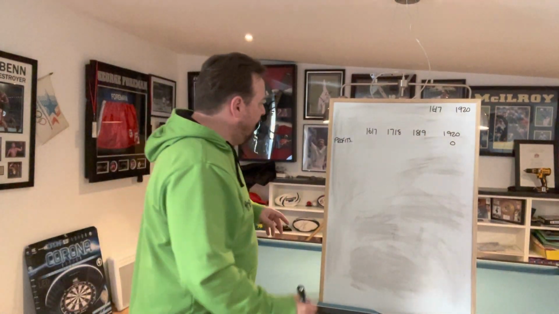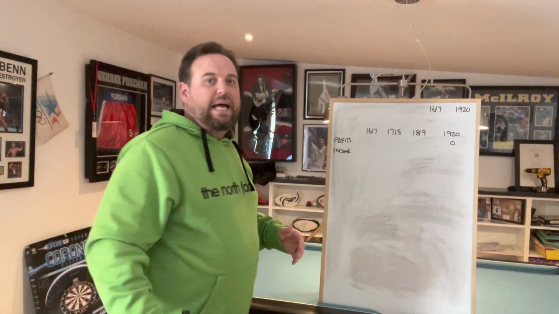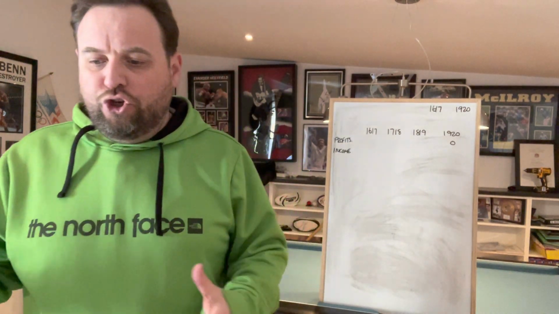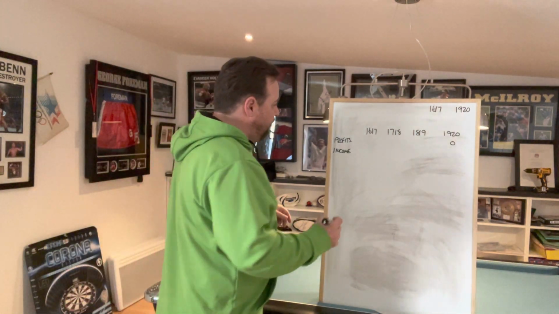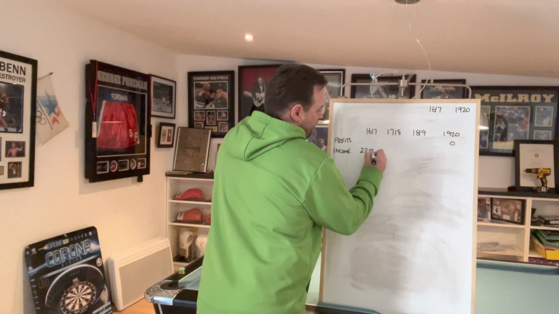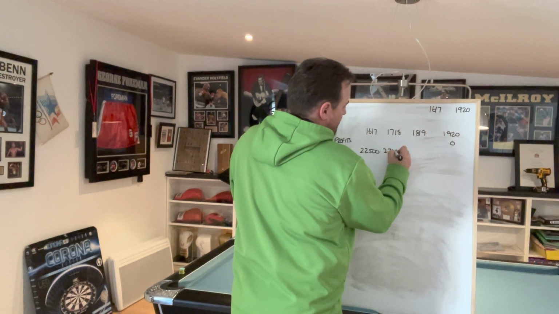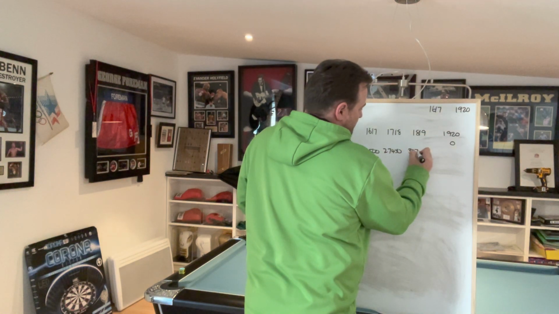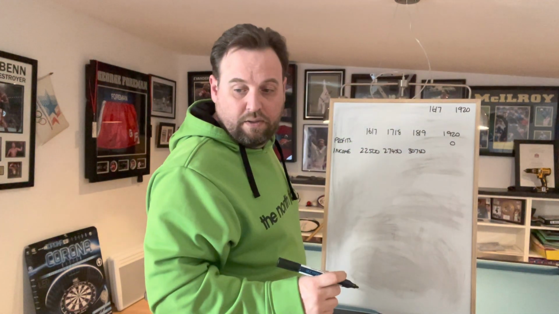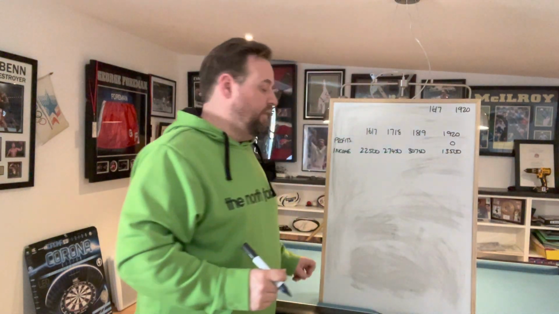What we have to look at now is that income from employment from the job before we set this business up, and those details are in the question. 22,500, 27,450, 37,500 and 13,500.